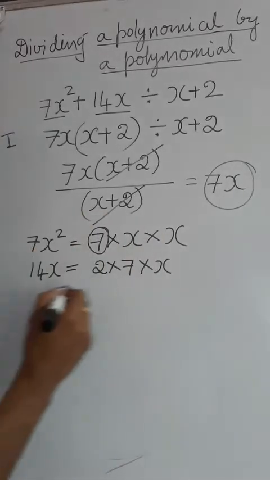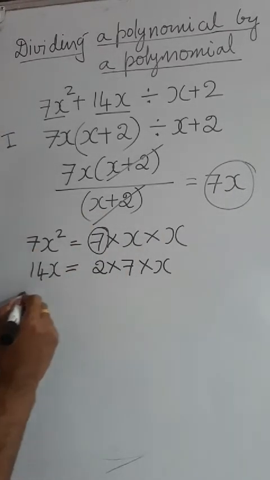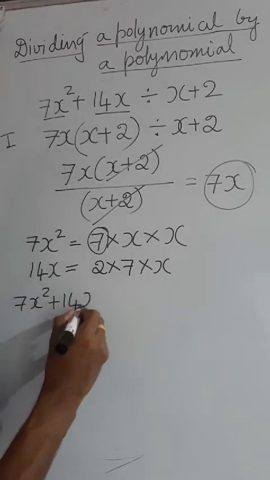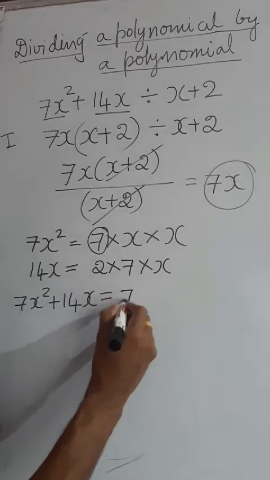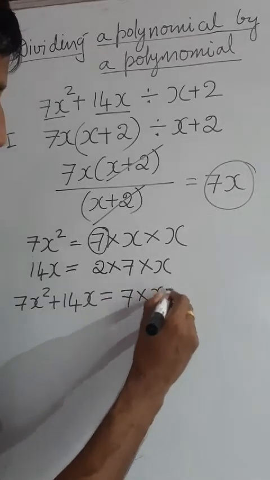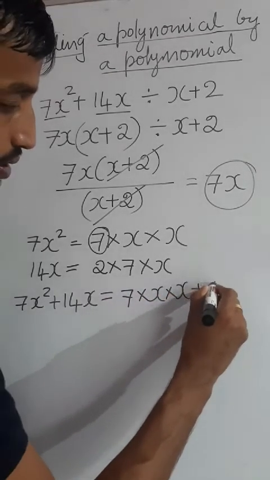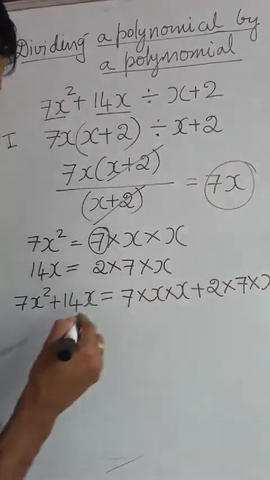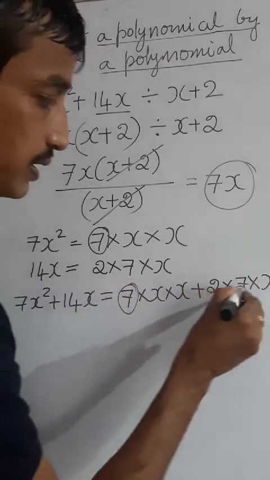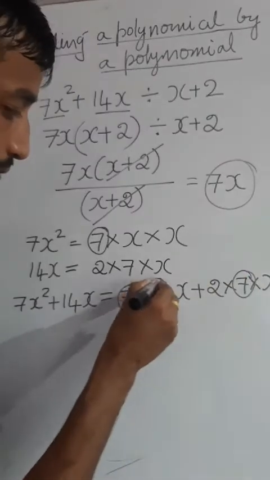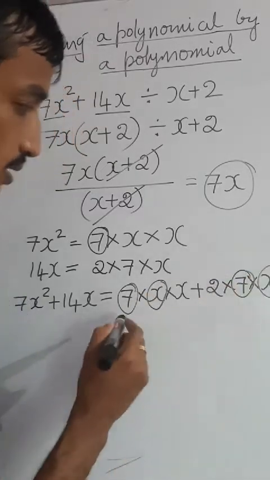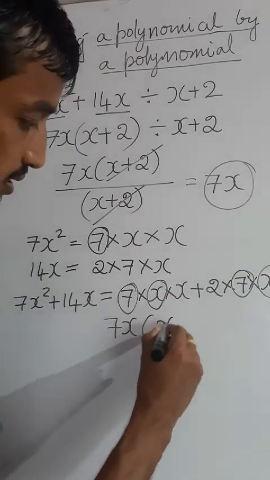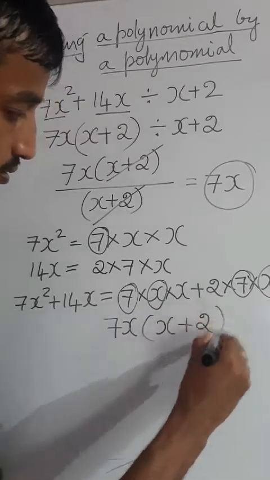Is it possible to divide further? No. Now 7x square plus 14x can be written as 7 into x into x plus 2 into 7 into x. Now you look at it: 7 is common, x is common, so take out 7x, and the remaining is x plus 2.